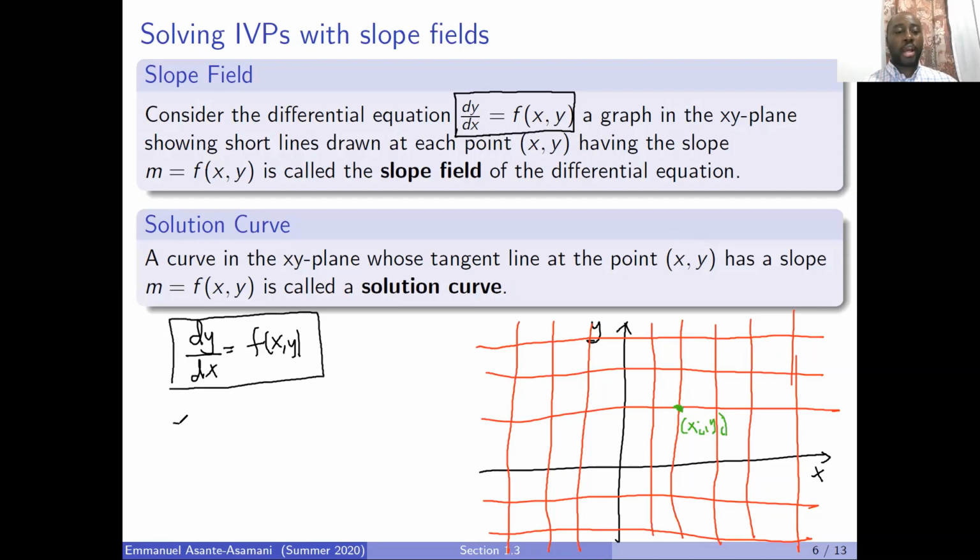If I calculate dy/dx at xi, yi, the differential equation says this should be f evaluated at xi, yi. Now, this is a real number. And this f we know because we have the differential equation.